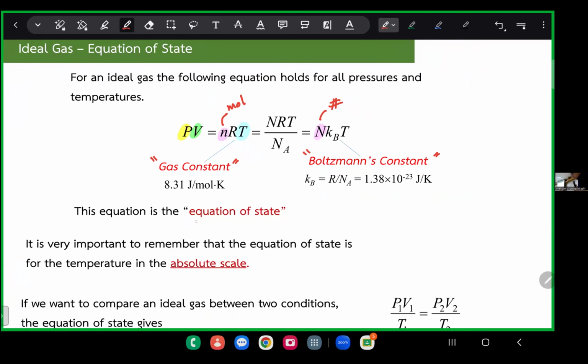This equation is called the equation of state because it tells you the state of this gas anywhere in the universe. No matter what corner of the universe this gas shows up in, it has to follow this simple equation. This is one of the very amazing facts, and that is because everything has the same physics, so it still has to follow this rule somehow.